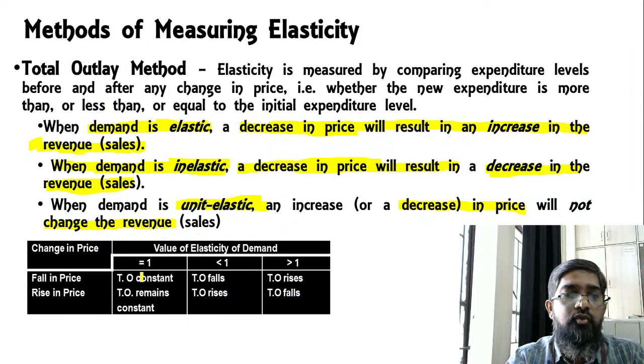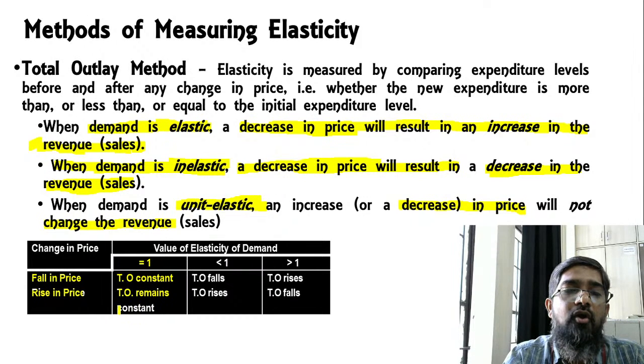In short, I have shown here in this table, please see it. If fall in price leads to no change in total outlay or total revenue, then it will be equal to 1. Or rise in price also leads to no change, right?